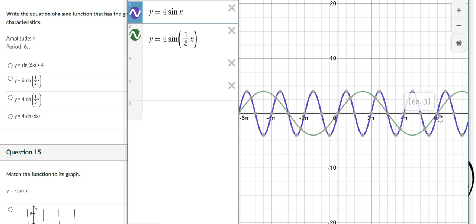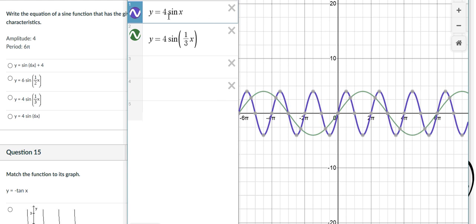Okay, but for the original one, from 0 to 6 pi, it already completes 3 periods. You see, one period, another pattern, 2 pi over 4 pi, like this, and 4 pi over 6 pi, another same pattern.